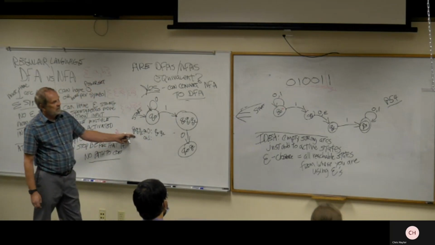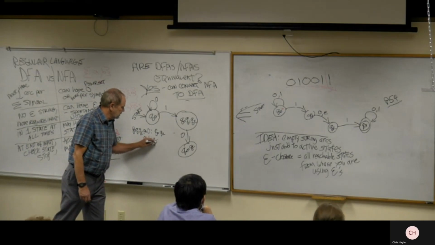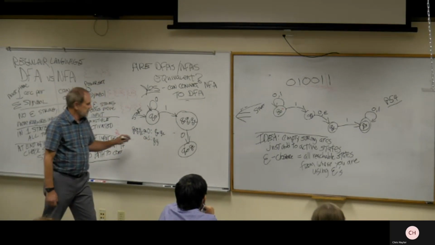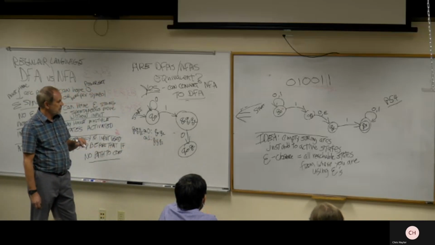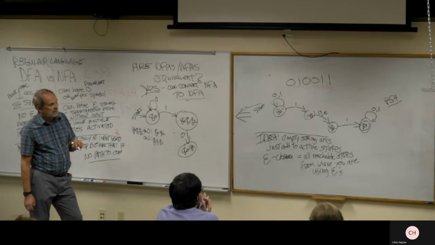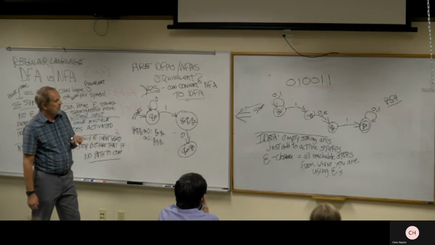And Q2 on the 1 can get me to Q3. New state. So on a 1, Q0, Q1, Q2, Q3. We need them all.